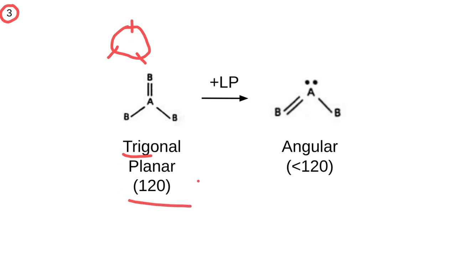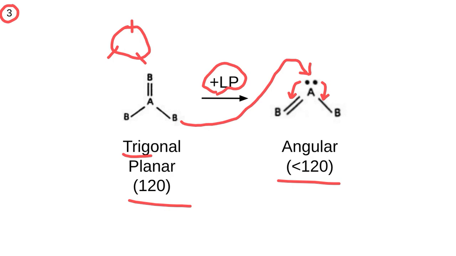So now comes the first time we're adding a lone pair, okay? So adding this lone pair, let's say this atom, we're going to substitute a lone pair, okay? Now remember, the lone pair is going to increase repulsion, so therefore this bond angle is going to shrink, okay?